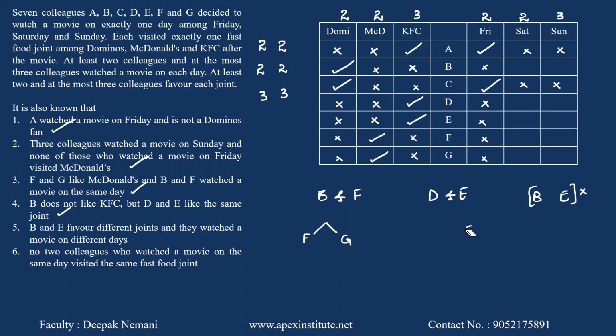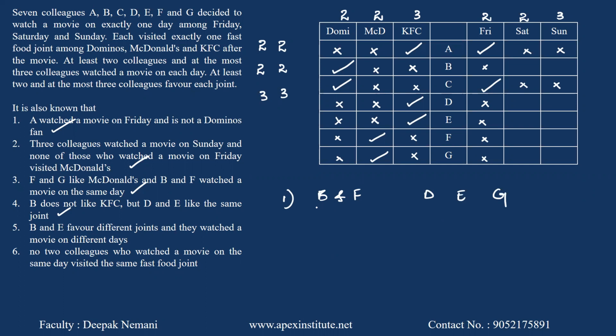Now we need to find the three persons who watched a movie on Sunday. So we are left with B, F, D, E, G. Now one case is when both B and F watch a movie on Sunday, or D, E, G watch a movie on Sunday.